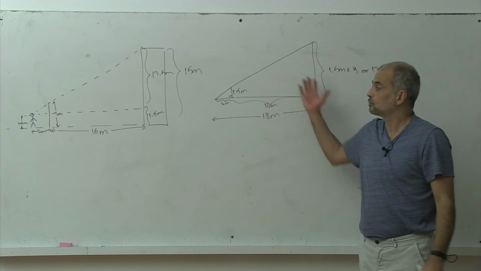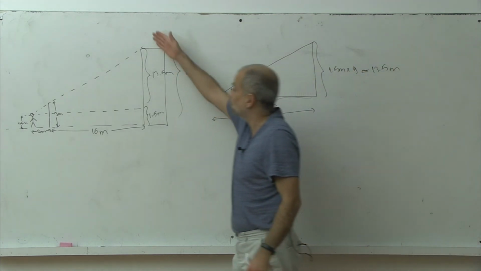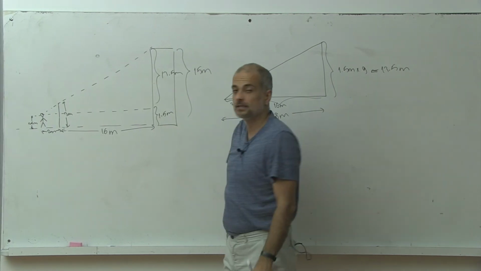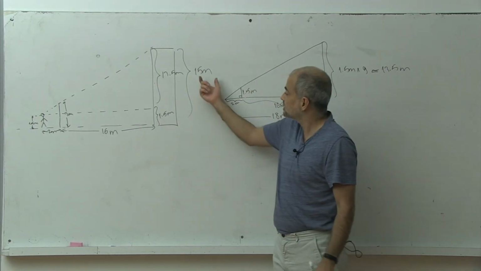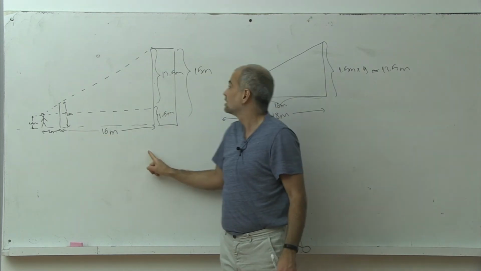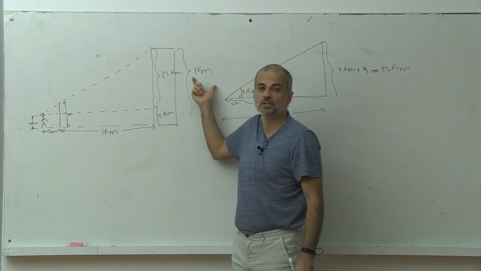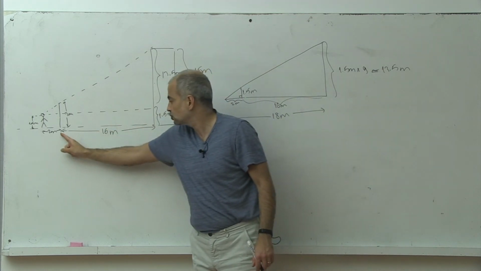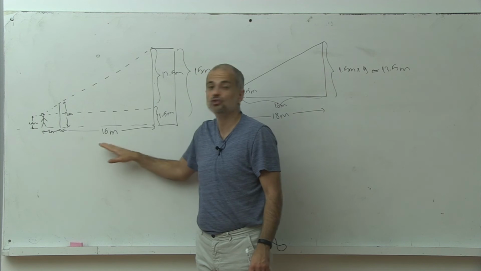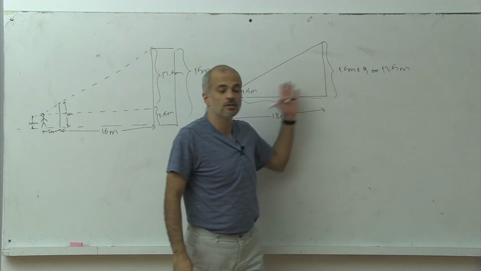In fact, if you look at the building and you see that the building is 5 floors, you could estimate this 15 meters. And if you don't know the distance, using this knowledge of 15 meters, you can show that this distance should be 16 meters by just going in the opposite direction.